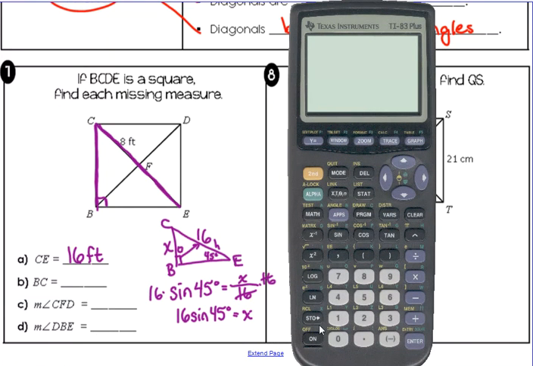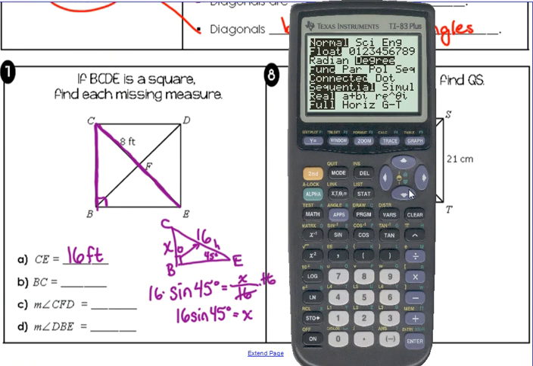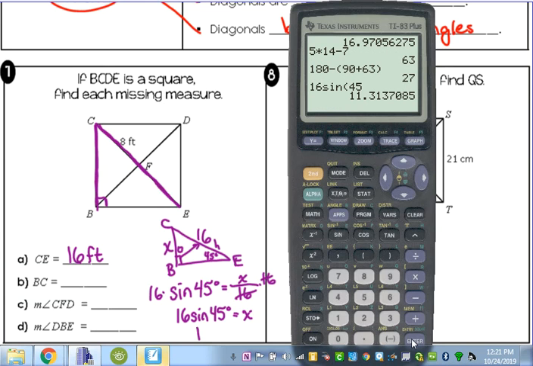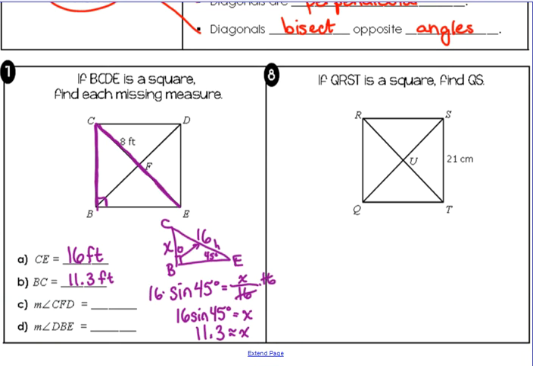Use your calculator. First of all, make sure it's in degree mode. If you're in a habit of resetting your calculator, that will change things. So put it in degree mode. 16 sine 45, 11.3. 11.3 is the length of side BC there.